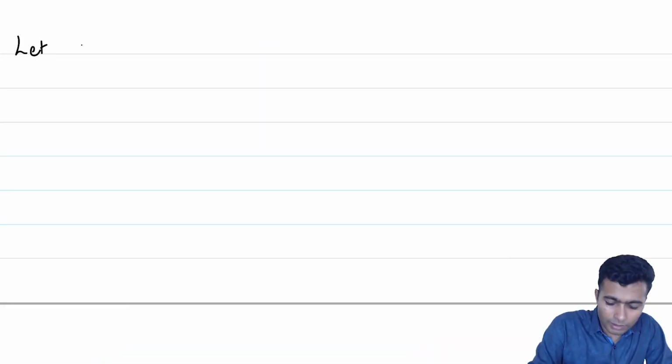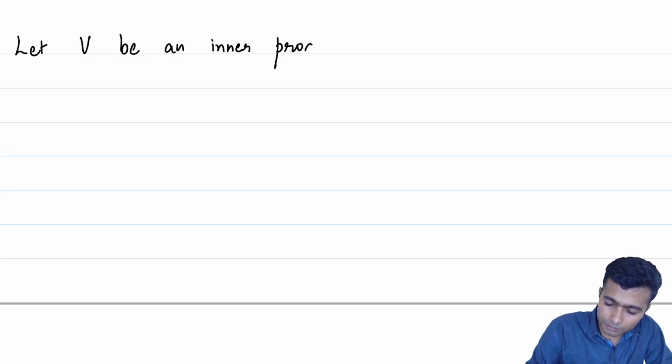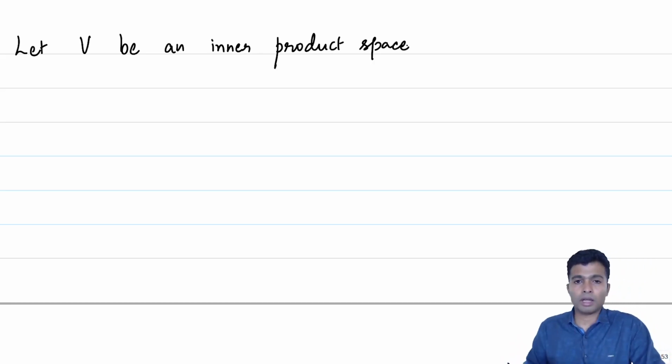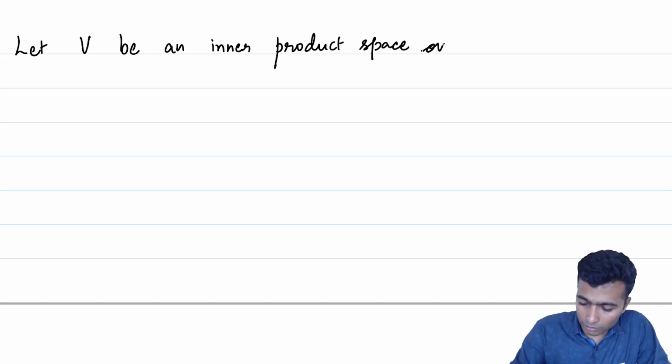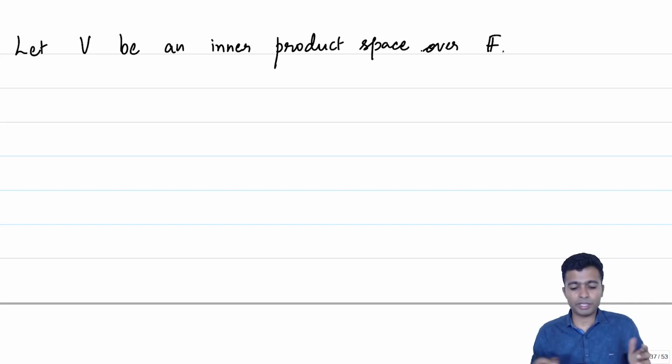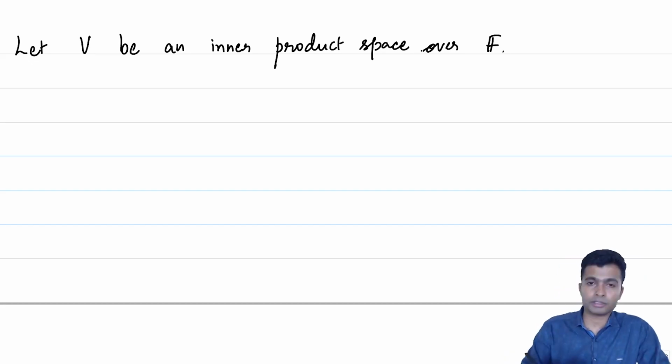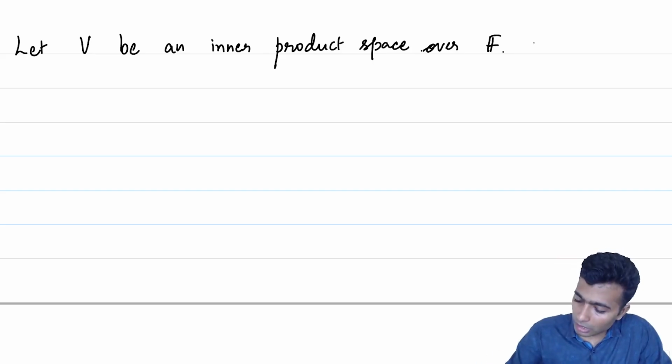So let V be an inner product space over F. Our vector space could be a vector space over R or a vector space over C. Doesn't matter, the definition holds.